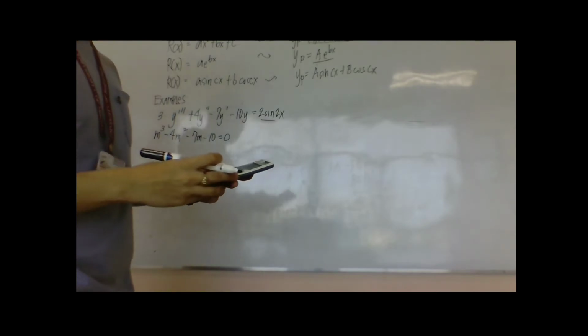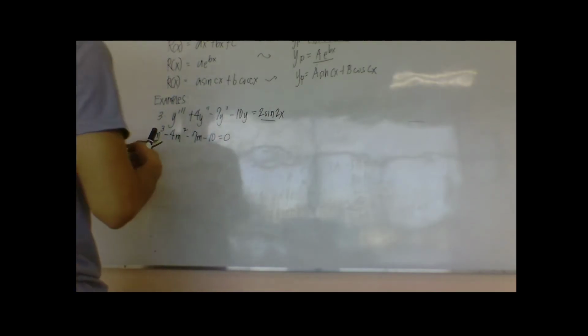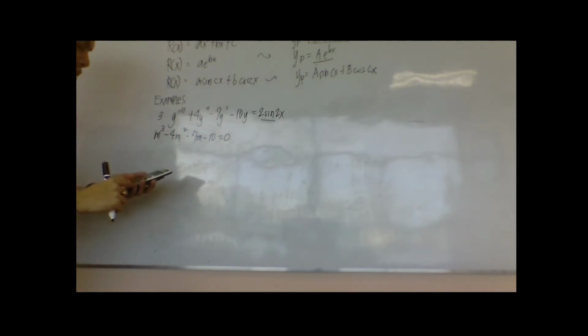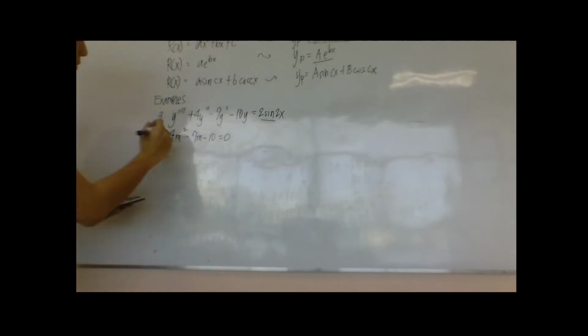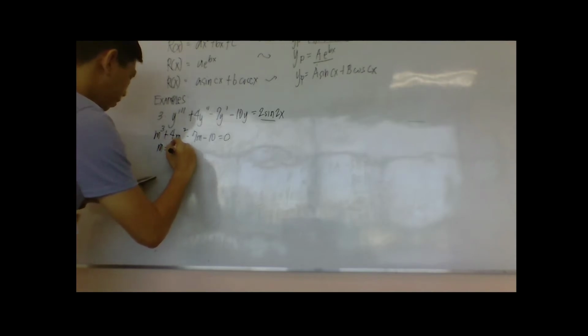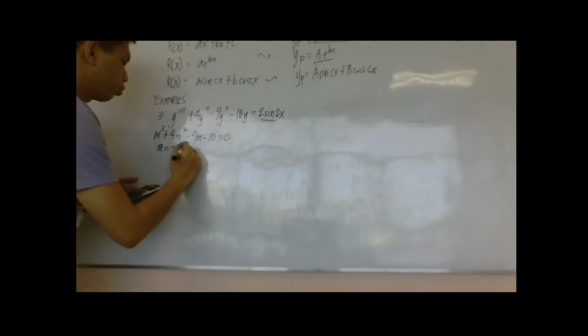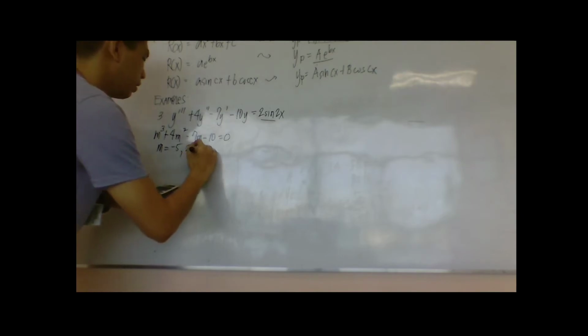So that's m cubed minus 4m squared minus 7m minus 10 is equal to 0. So getting the roots of that, that's equation 4. Okay, so this is 1, negative 4, negative 7, and negative 10. So you will get roots as m is equal to negative 5, 2, and negative 1.